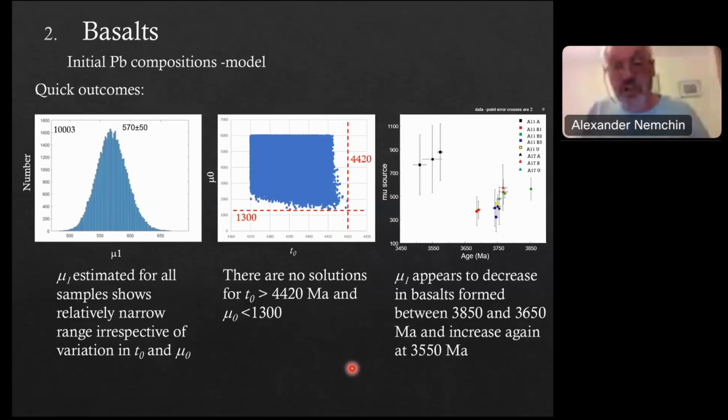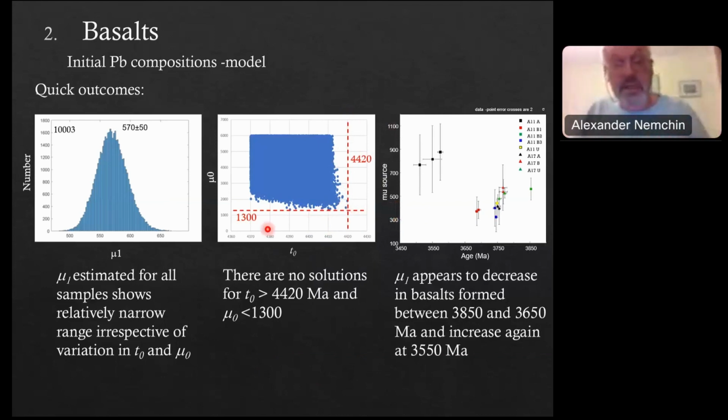The second observation coming from here is that there are no solutions that satisfy our conditions and are viable if the age of the moon is older than 4420. So remember, we've been trying everything from 4570, but most of the solutions above this dashed line were rejected because they did not make sense.